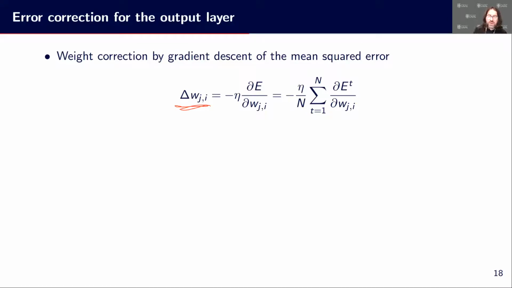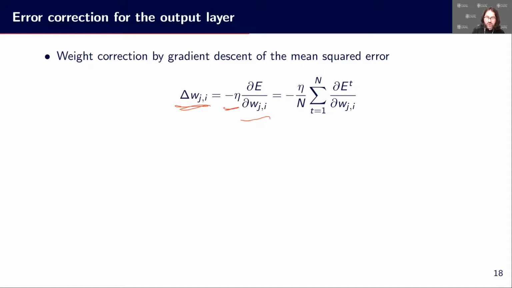We evaluate the correction applied to the weight through gradient descent, so minus eta. We are descending the gradient with a learning rate of eta, and we are computing the partial derivative of the mean squared error for that parameter.